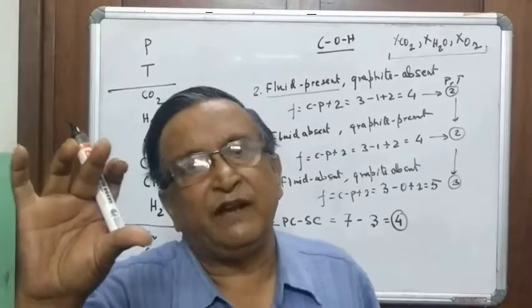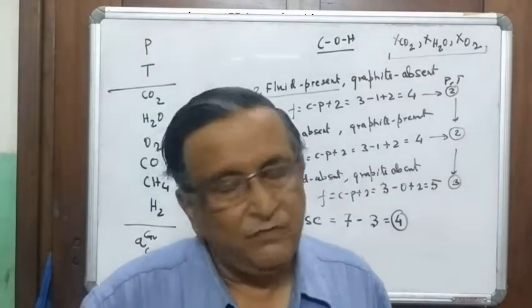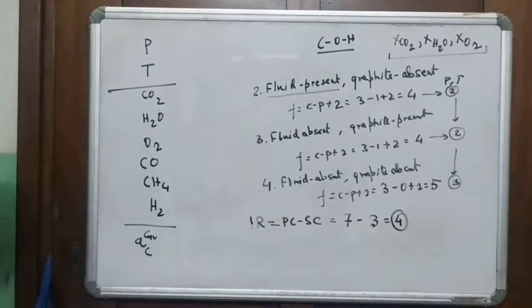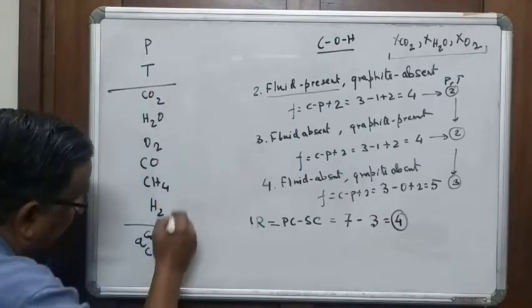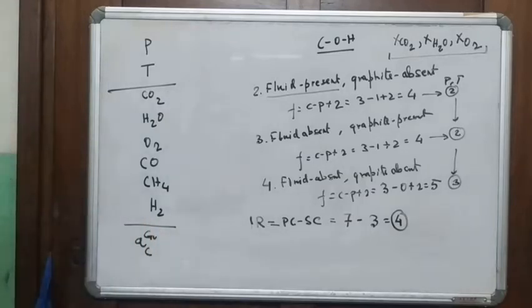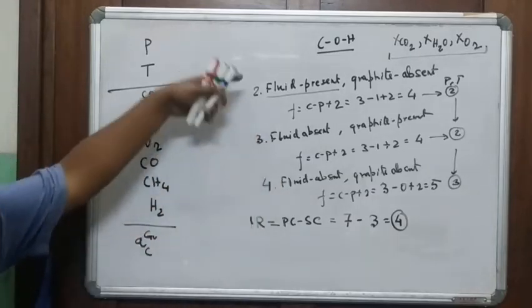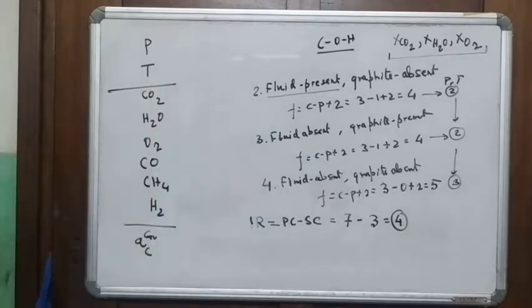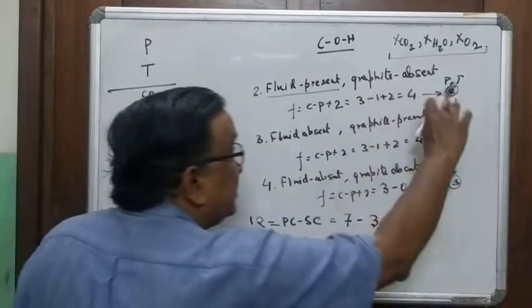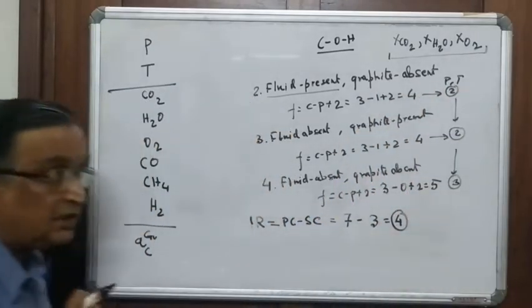So in total, you can find out 6 variables. How can you find out 6 variables? You see here the total number of variables is 7. In all these cases, the total number of variables is 7 here. Phase components are 7.